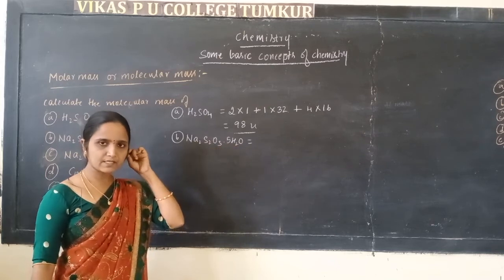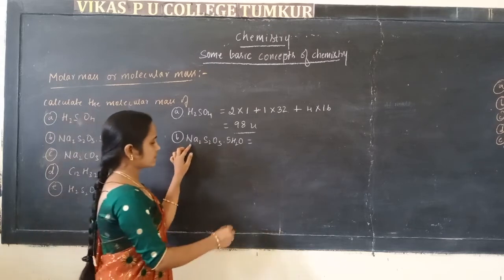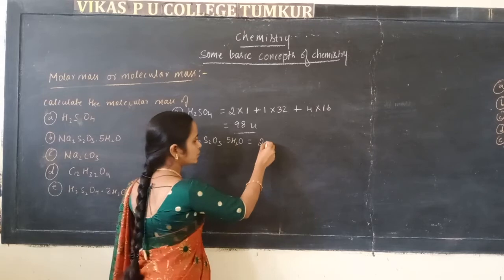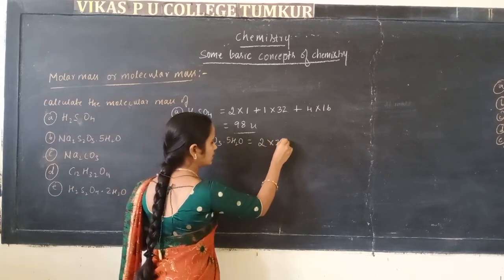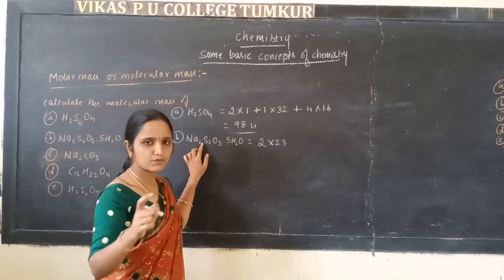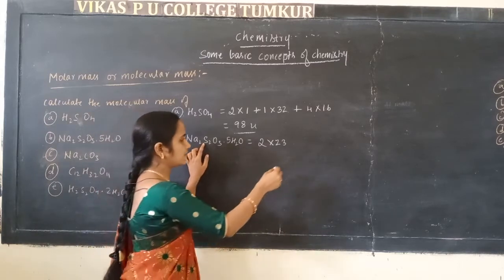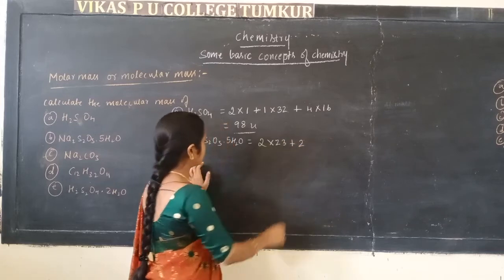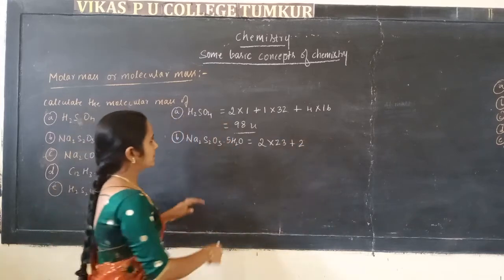First, the sodium. How many atoms are present? 2 atoms, so 2 into 23. The atomic mass of sodium is 23. Plus sulfur, 2 atoms are present, so 2 into 32.